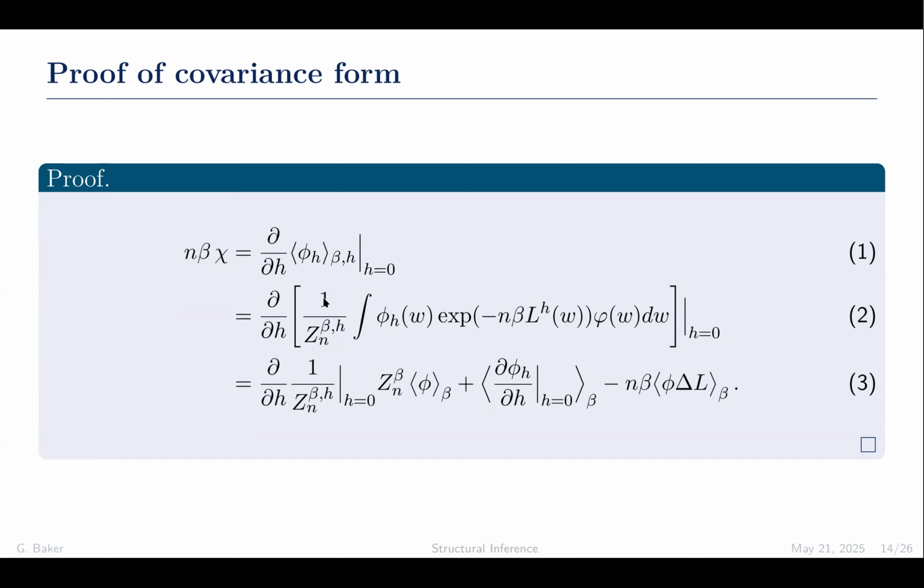With the product rule, we split off the derivative of 1 over Z_n beta h. That gets us this component, and we'll show why over here. And then we have the 1 over Z_n beta h, and then we take the derivative of Q_h of W. The derivative just goes inside of the integral, and we don't have to do anything else because this is the first part.